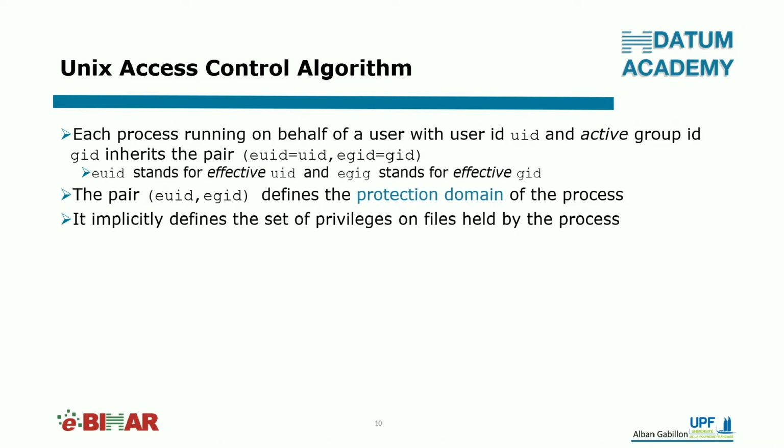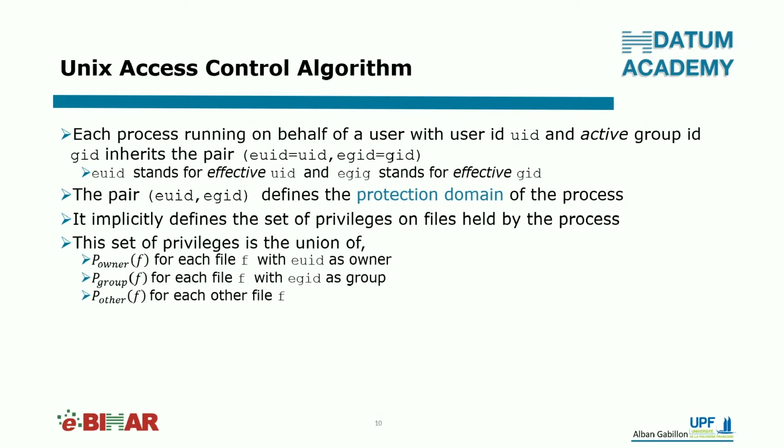And this concept of protection domain is important since it implicitly defines the privileges held by the process. And this set of privileges is the union of three sets of privileges. The set comprising the owner privileges of each file F having an owner ID equal to the effective user ID of the process.